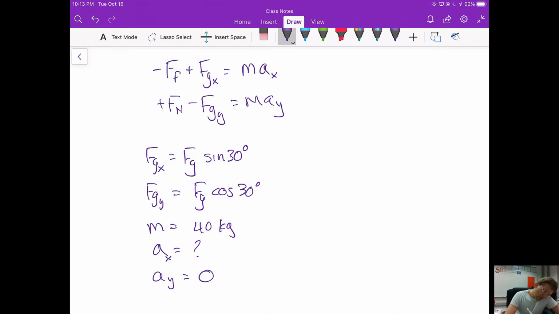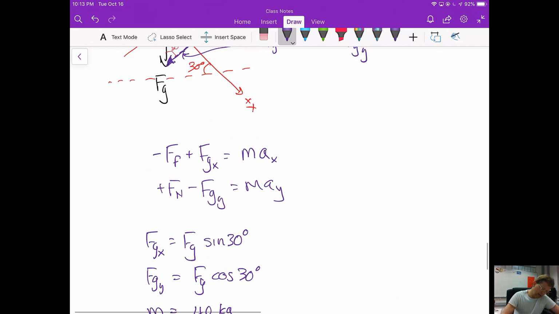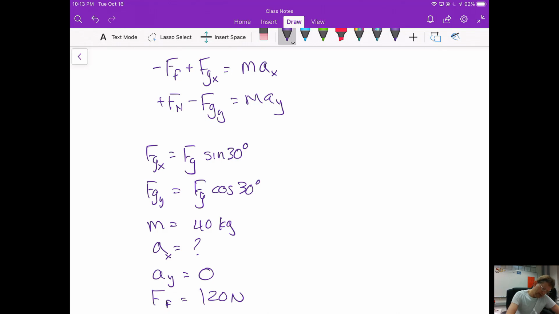We were given FF is equal to 120 newtons. So we can go ahead and plug in and solve. We can take FG, the first one, and say minus 120 newtons plus FGX. What is FG? Well, it's just mg, right? FG is equal to mg.